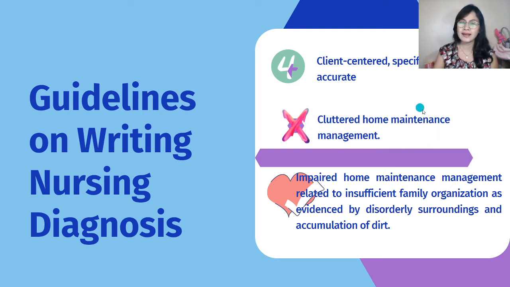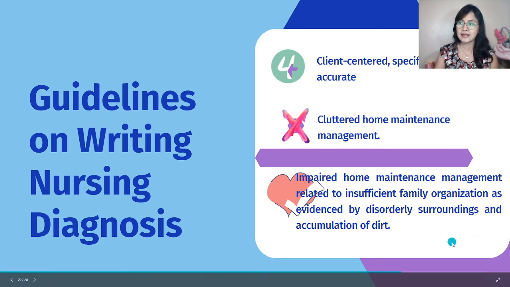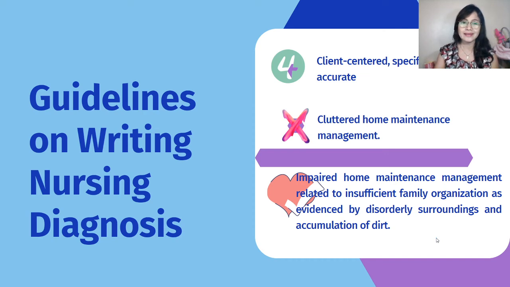So here, again, as you can recall, the nursing diagnosis statement has several parts depending on the type of nursing diagnosis that you have identified. Basically, this is not correct because it doesn't follow such format. Whereas the next statement, impaired home maintenance management related to insufficient family organization as evidenced by disorderly surroundings and accumulation of dirt, is indeed correct.